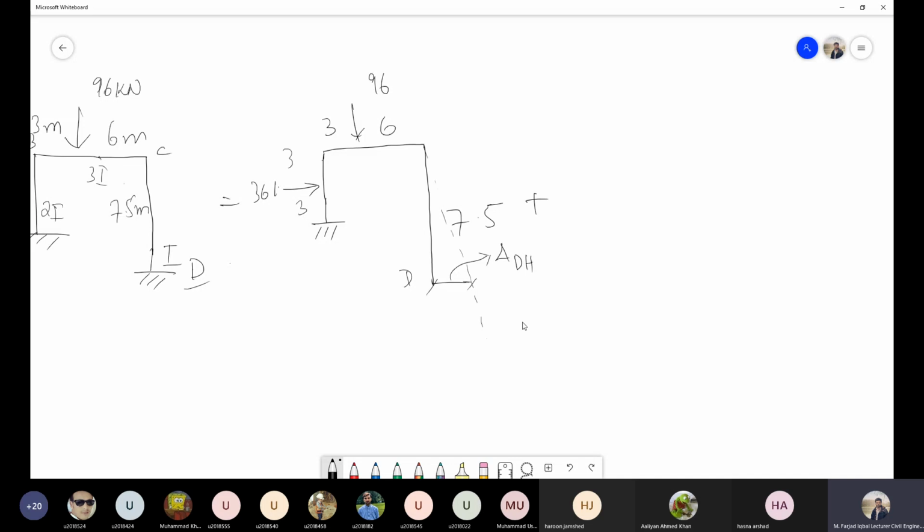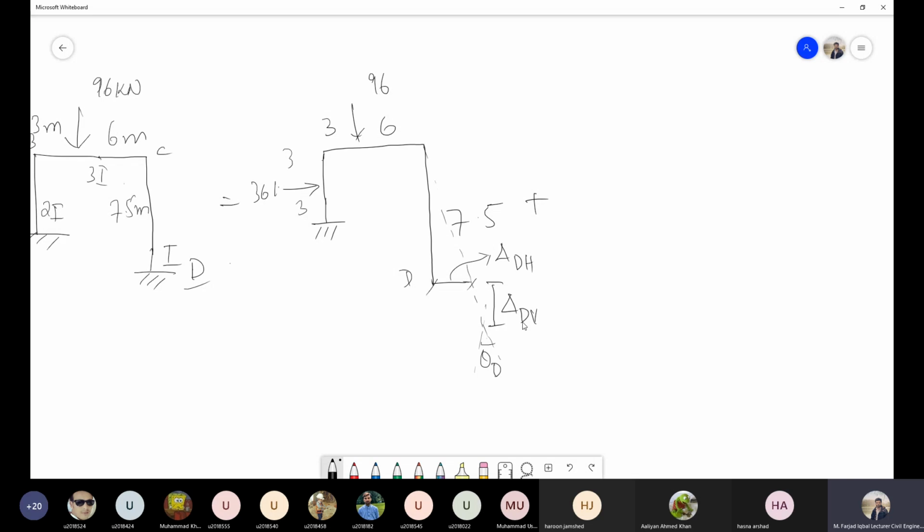DH means the horizontal deflection at D point. This is our vertical deflection. I will call this DV, that means the vertical deflection at point D. And the third one is obviously our rotation, that will be theta D. That means the rotation of this particular joint D.